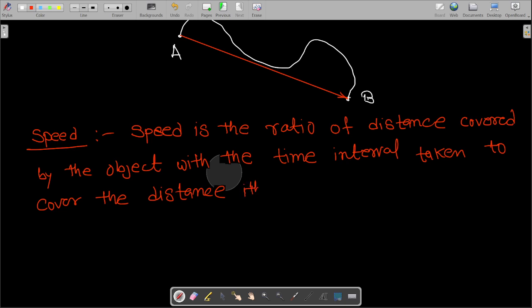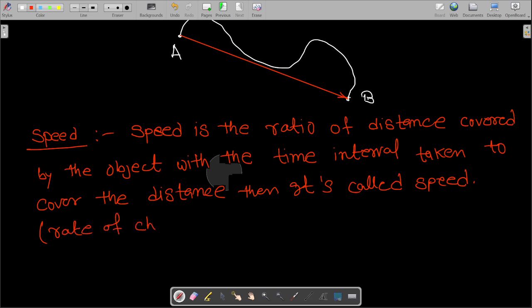Then it's called speed. Okay, or simply we can say that it is the rate of change of distance.